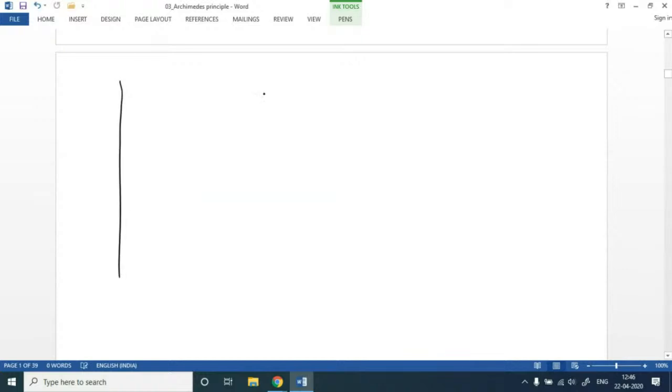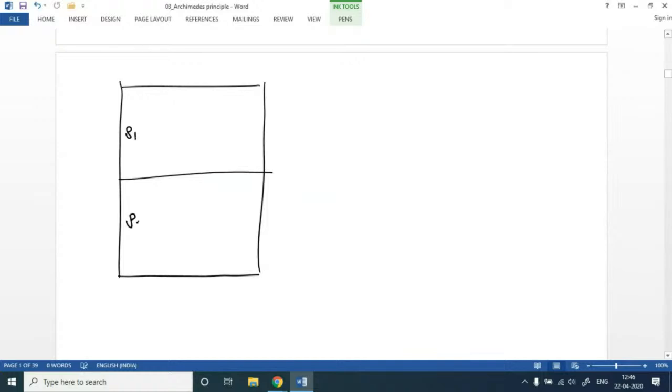Let's say we have a container filled with two different liquids of density rho 1 and rho 2, and some, for example, cylindrical body is submerged in it, and for instance, let's say it is in equilibrium. As you can see, this cylindrical body is partially in liquid of density rho 1 and partially in liquid of density rho 2.